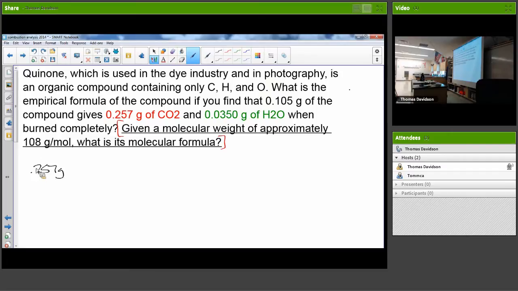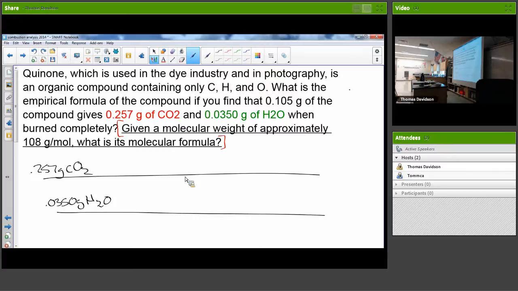2.257 grams of CO2. And while I'm at it, 0.0350 grams of H2O. We all right with that? 2 straight lines, maybe? Hey, that's pretty good for me. 44 grams CO2. You should not round, but I do to save time and space. 1 mole CO2 for every 1 mole of C. And then I'm going to put my mole of C right here.